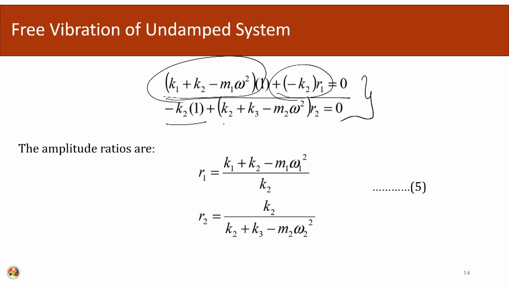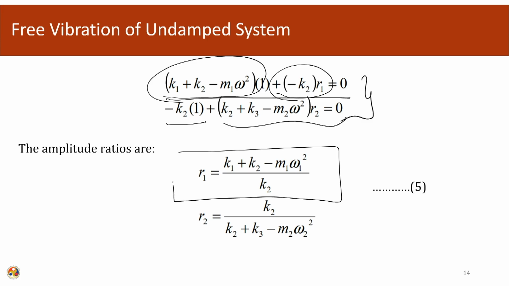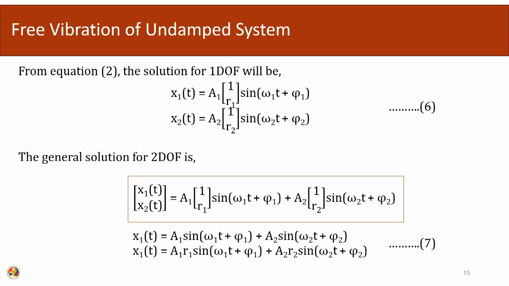Using this we find out the amplitude ratios r1 and r2, and we can put this back and get the solution of all the degrees of freedom.